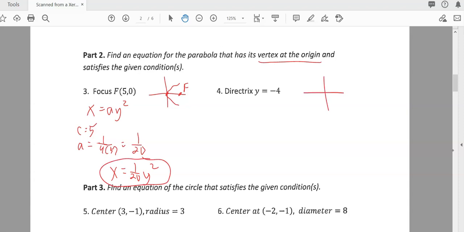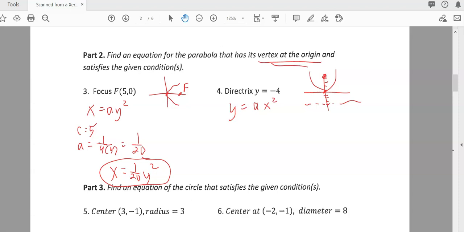Directrix is, so there's the vertex. Directrix is y equals -4. So dotted line right there. So at positive 4 would be here. So I know it opens up. So it's of the form y equals ax squared, because the vertex is at the origin.